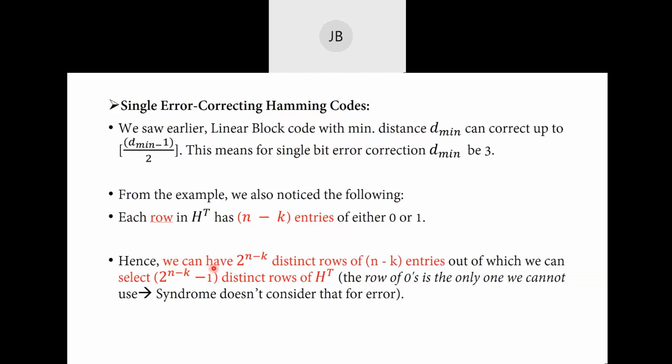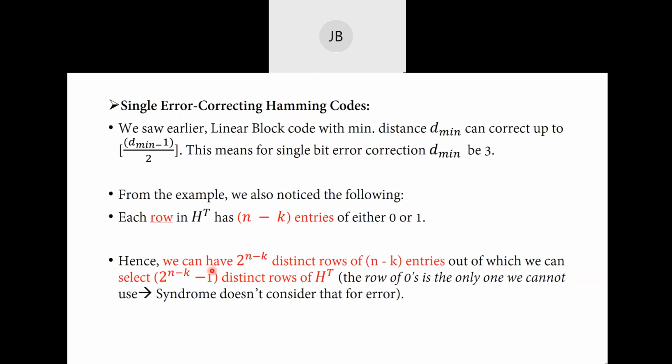And we can have 2 power n minus k rows. In the previous example, 2 power 3 gives 8 rows, each row having 3 entries.